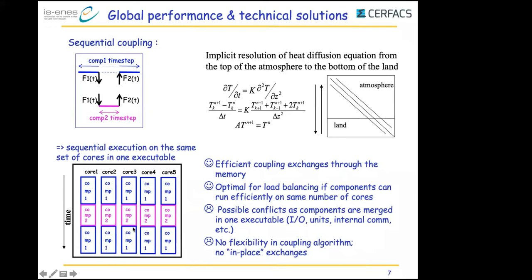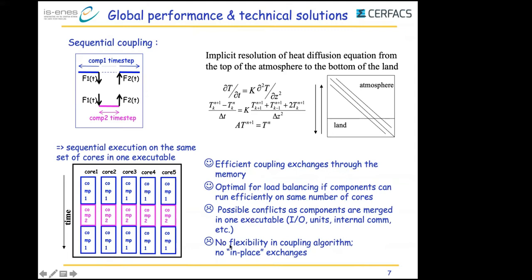But it also means a constraint: you are running your components on the same number of cores, so they have to be efficient on that number of cores. If you do that, you put all your components into one big program, one executable, and you may have some conflicts doing this.